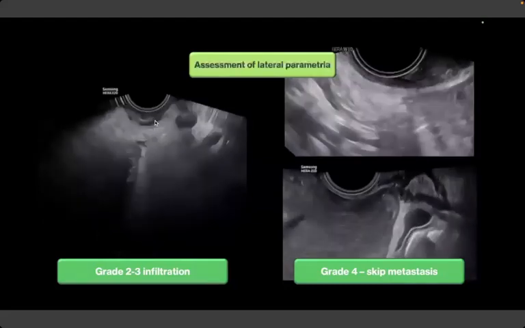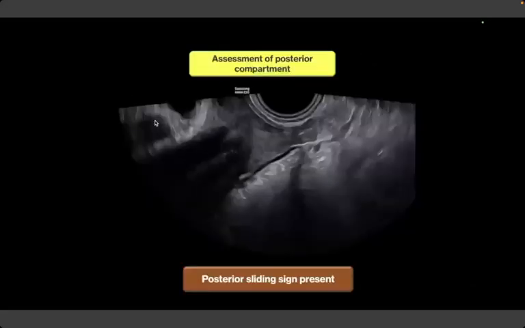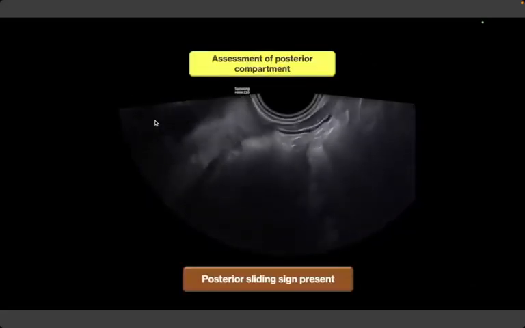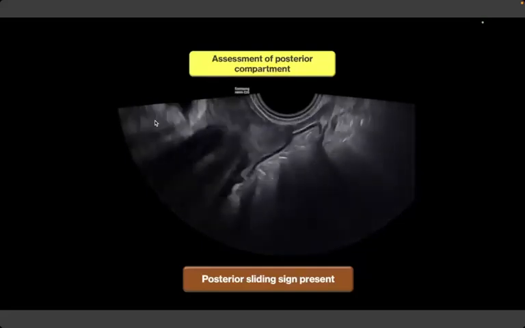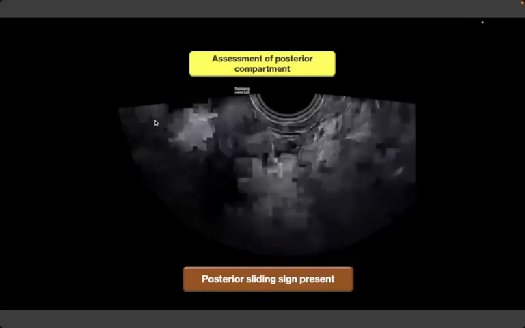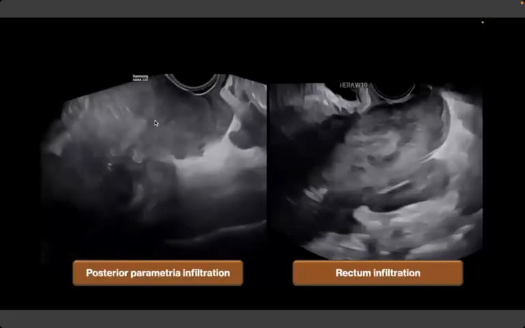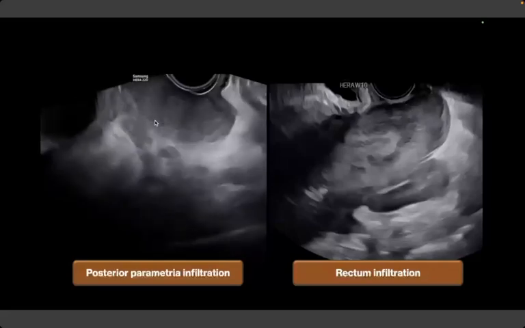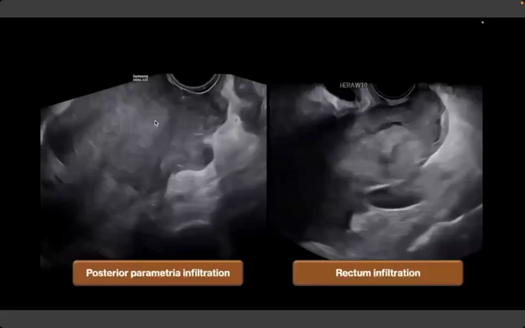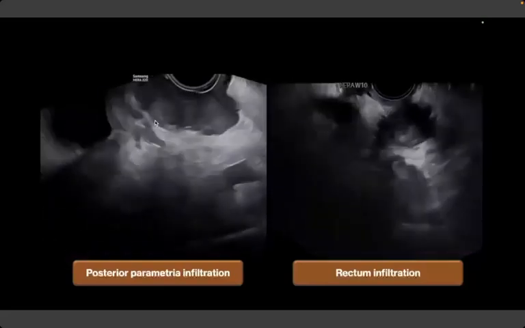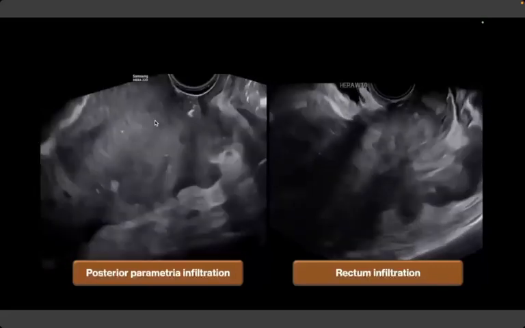We then move the probe into the posterior fornix and we evaluate the posterior parametrium by applying a gentle pressure with the probe. In this case, the sliding sign is present and regular. In the two cases that I'm presenting now, we see a macroscopic infiltration of the posterior parametrium in the case on the left, and on the right, a massive infiltration of the rectosigmoid wall, a full thickness infiltration.